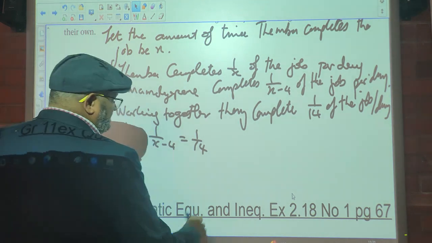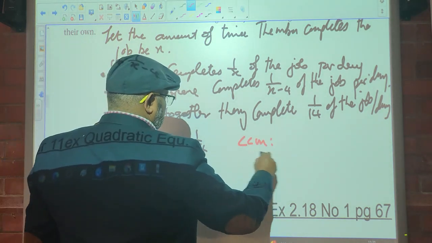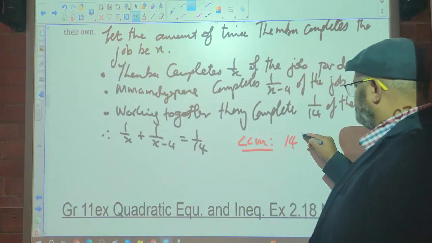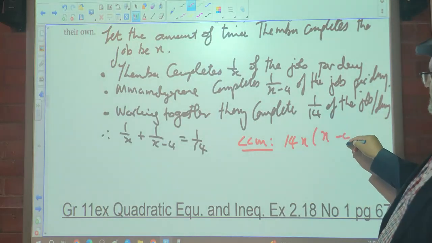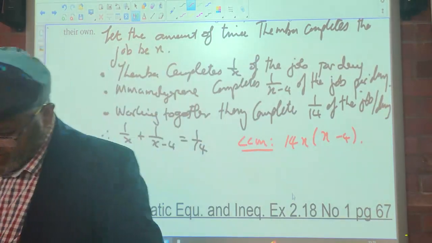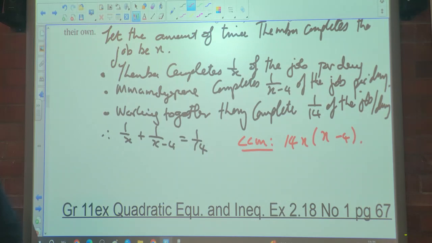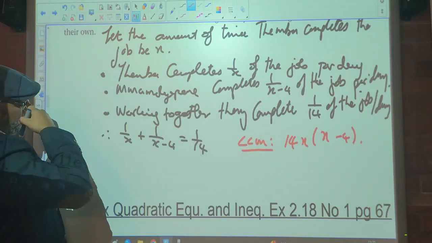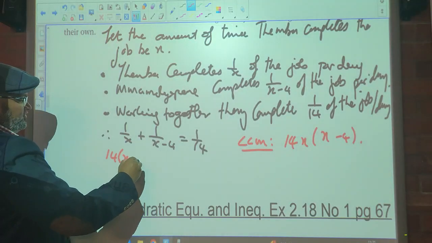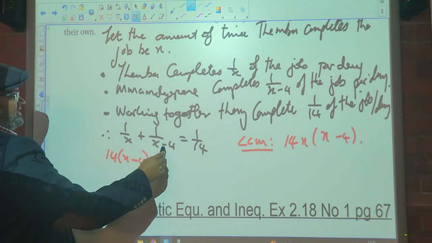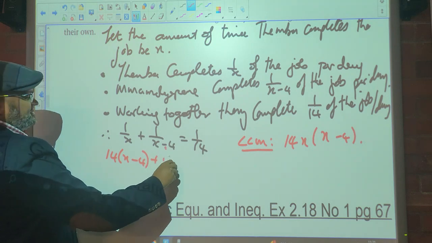What's my LCM here, people? 14x into x minus 4. So what was the first fraction we multiplied by? 14 into x minus 4, not so. The second fraction must be multiplied by 14x.